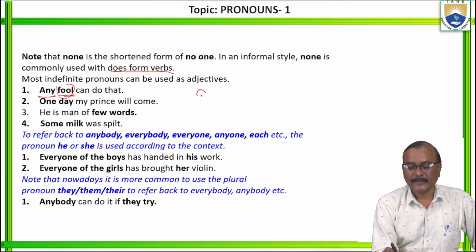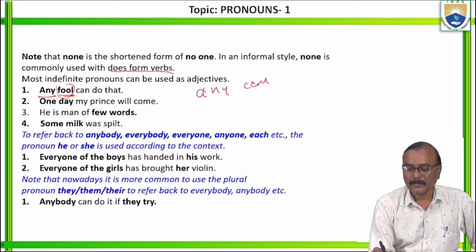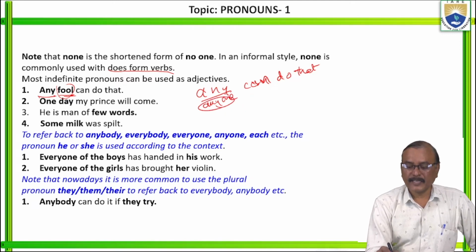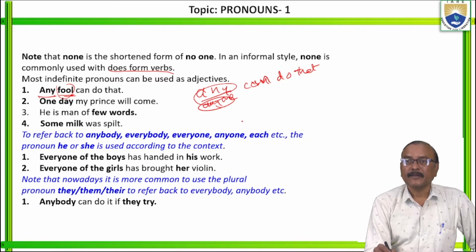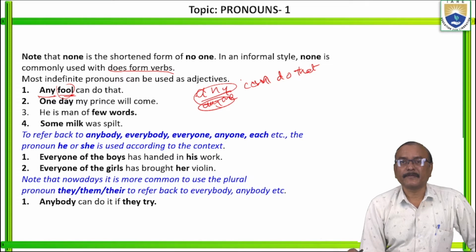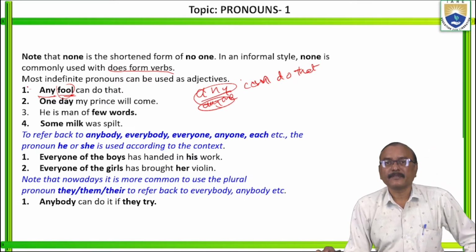If you say any can do that, or anyone can do that, any or anyone, single word only, without a noun, this is called an indefinite pronoun. But if it comes before a noun, it becomes an adjective.